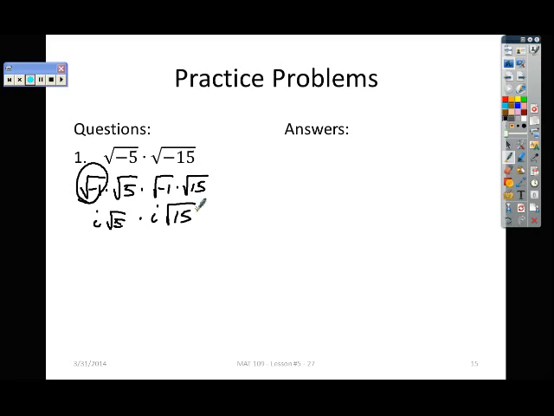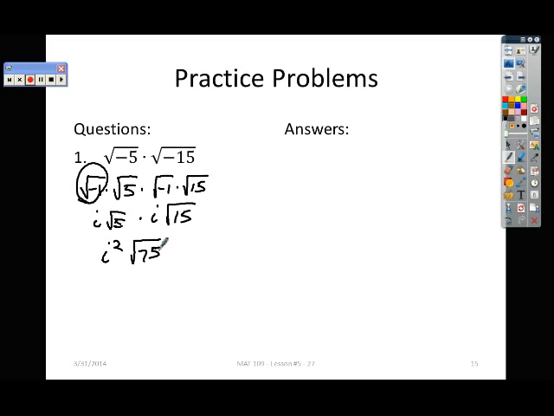So I have an i and an i, right? So I'm going to get an i squared. And I have a square root of 5 and a square root of 15, which means I can write that as one radical of 5 times 15. 5 times 15 is 75. Now let's simplify that.